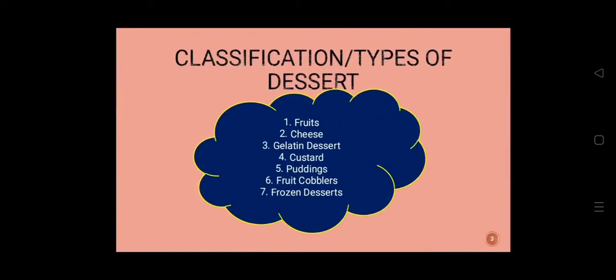So we have the classification or the types of dessert: fruits, cheese, gelatin dessert, custard, puddings, fruit cobblers, and the frozen desserts.